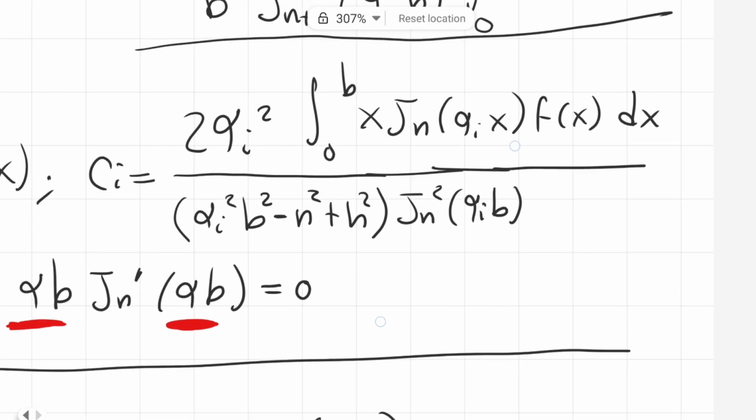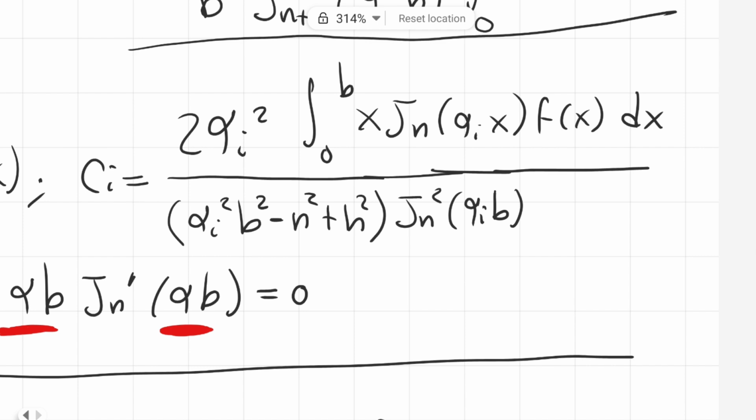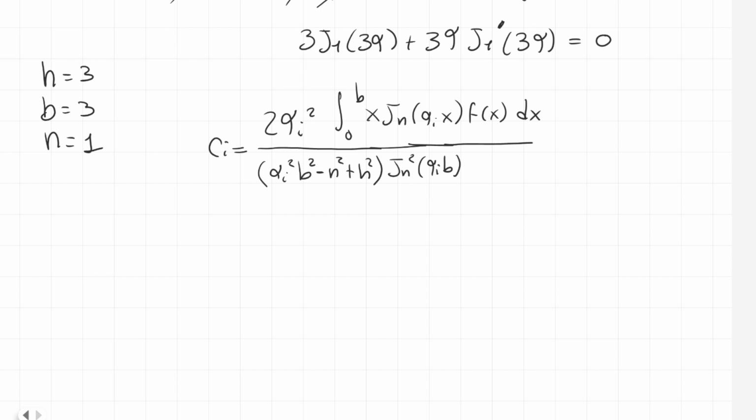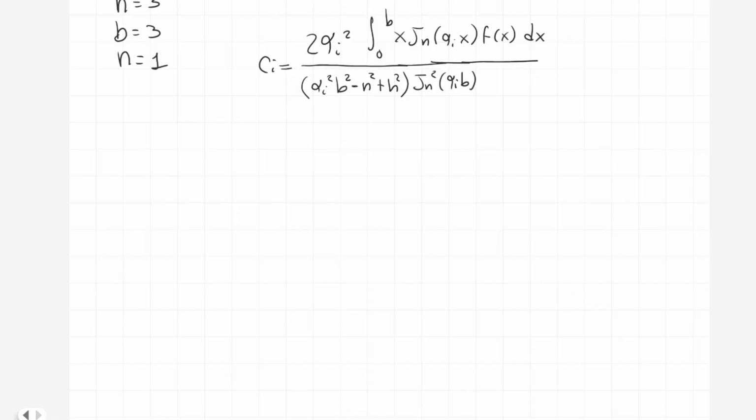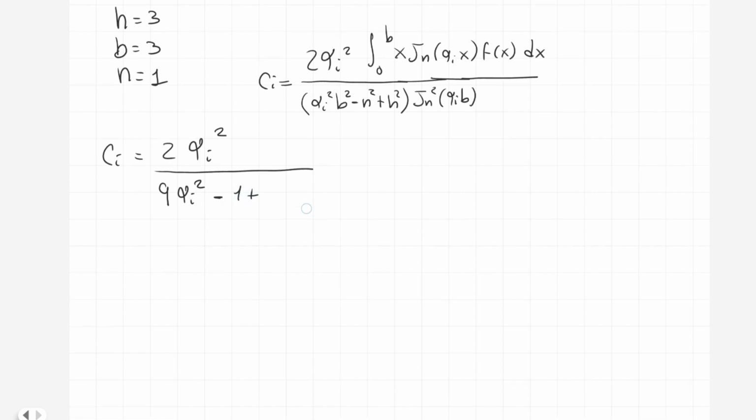So let me copy this formula, and we are going to develop it further. Okay, so that is the definition of the coefficients of the Fourier Bessel series for this case. If we find Ci, it will be 2 alpha i squared divided by, well, b squared will be 9, alpha i squared minus 1 plus h squared, but that is 9 again.